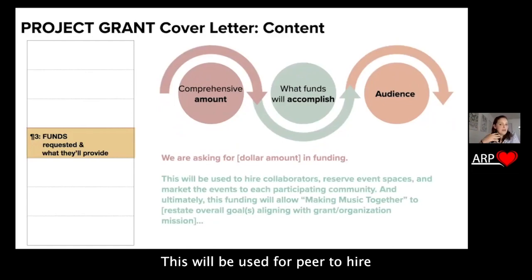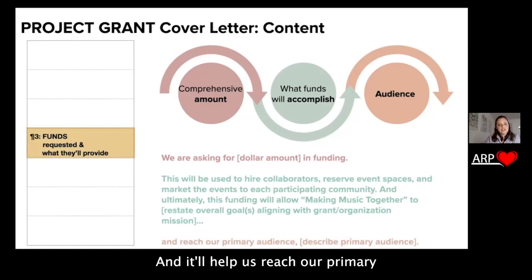This will be used for blank here to hire collaborators, reserve event spaces, and market the events to each participating community. And then this person also says, and ultimately it's going to help us achieve this more lofty goal. So they're giving a micro goal and a macro goal in terms of what the person will be funding.